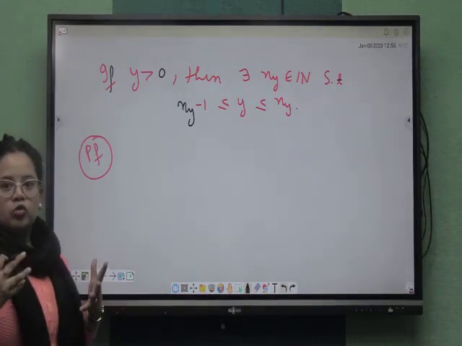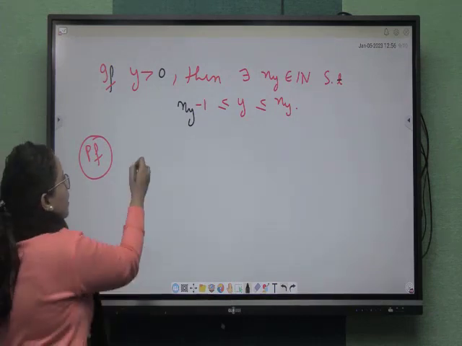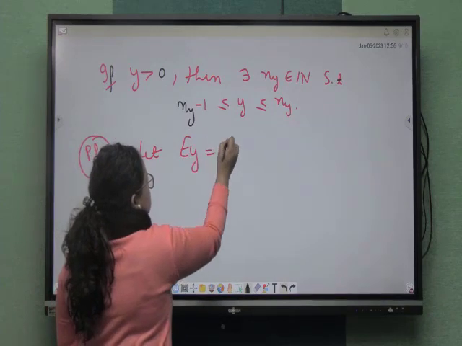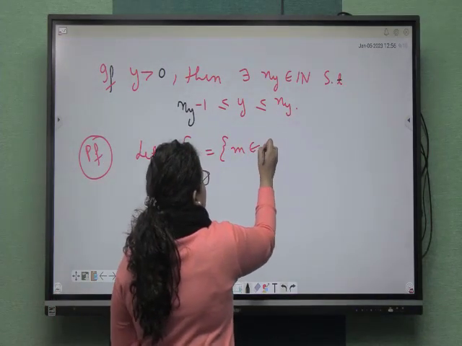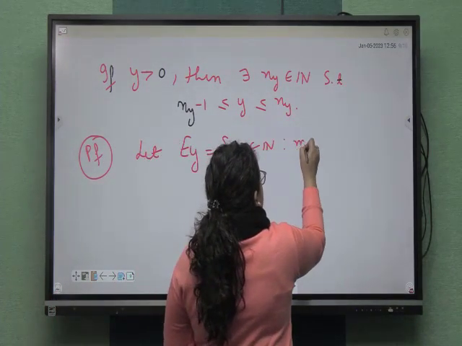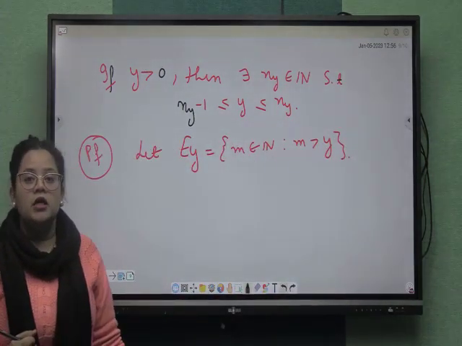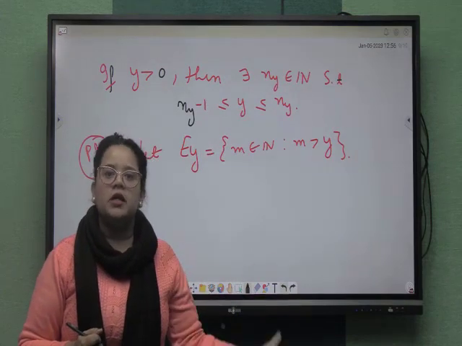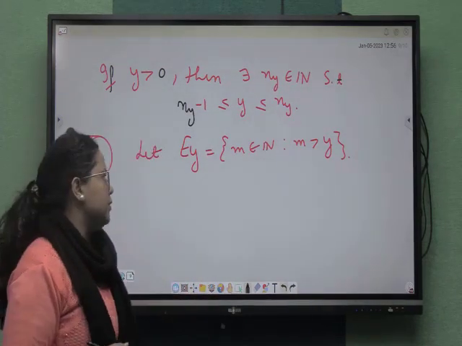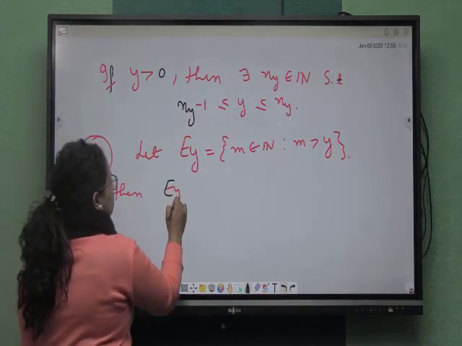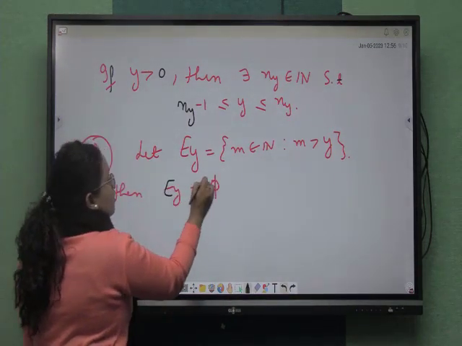For this we are going to construct a set. Let Ey be equal to the set of m belonging to N such that m is greater than y. I have taken a set of natural numbers containing all natural numbers greater than y. Then Ey is non-empty. How?